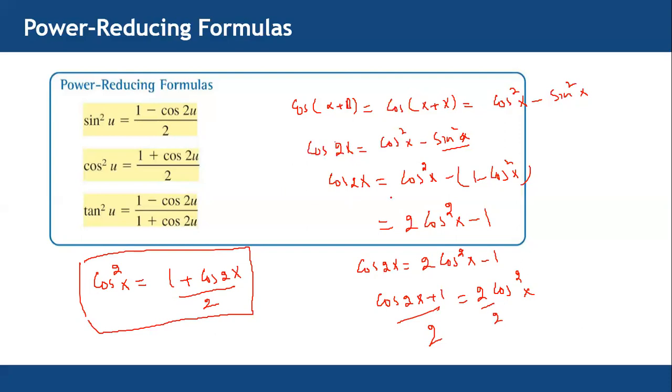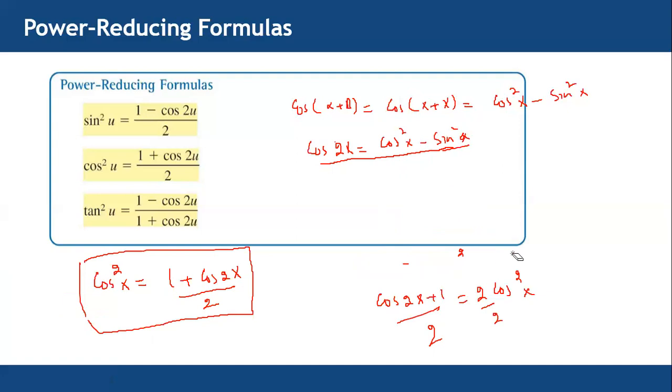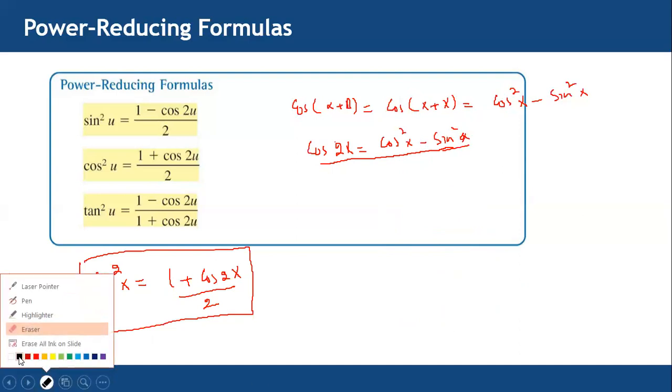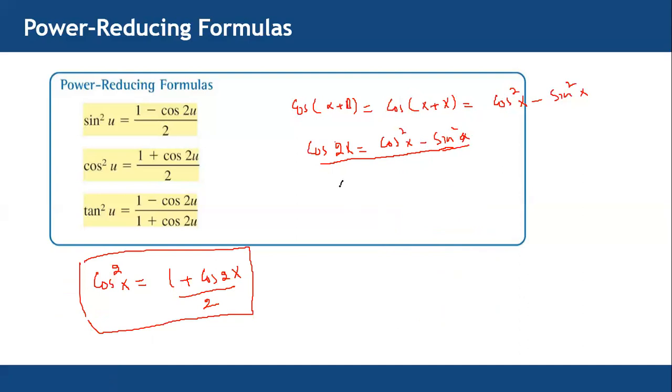Same here, we have cosine square x minus sine square x. Here we have cosine of 2x equal to cosine square x minus sine square x.